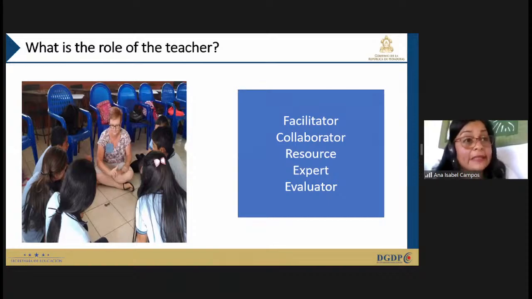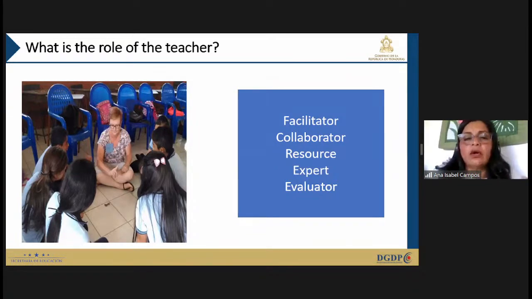What does facilitator mean? Facilitator, in this case, means that we are the ones that know how to teach, right? Perhaps, in order to know things related to grammatical explanations, we can give them, but some of them are now online, right? But we are experts in pedagogy. We are experts in teaching.